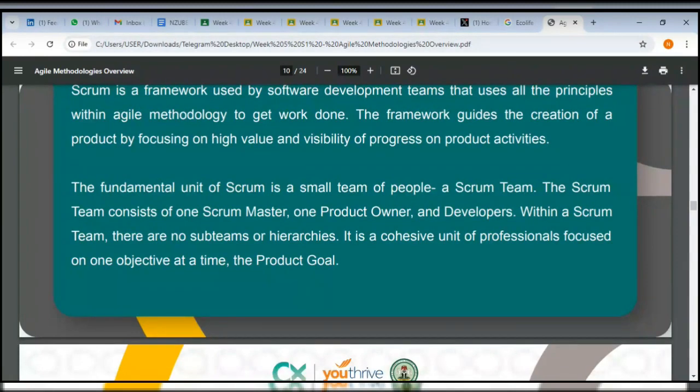The fundamental unit of Scrum is a small team of people, a Scrum team. The Scrum team consists of one Scrum Master, one product owner, and developers. So for some development teams, they have a very clear cut out responsibility for everybody.